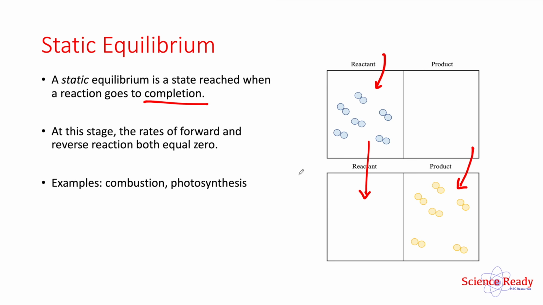So you can see when this happens, the rate of the forward reaction is 0 because there's no more reactant left. And the rate of the reverse reaction is also 0 because the products cannot be converted back into reactants, as the reaction is irreversible. So far we've looked at two examples of reactions that can reach a static equilibrium, and these are combustion and photosynthesis.